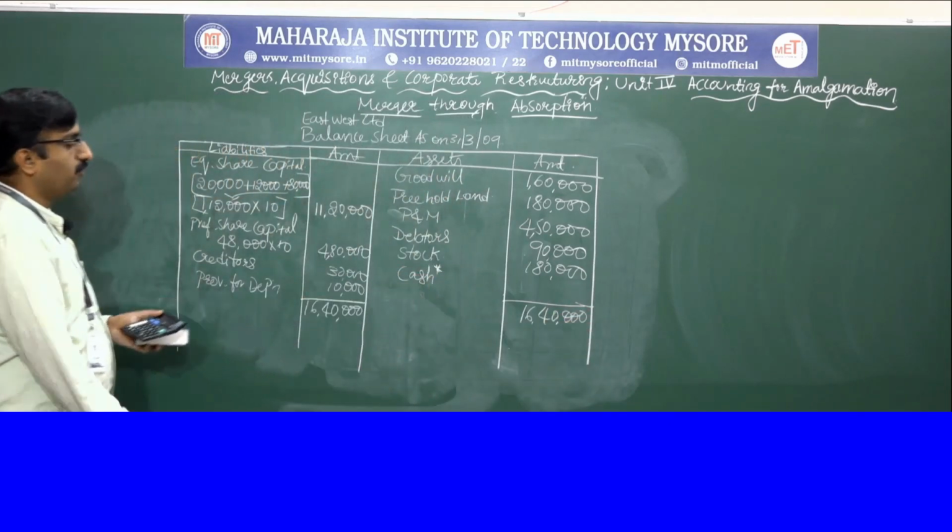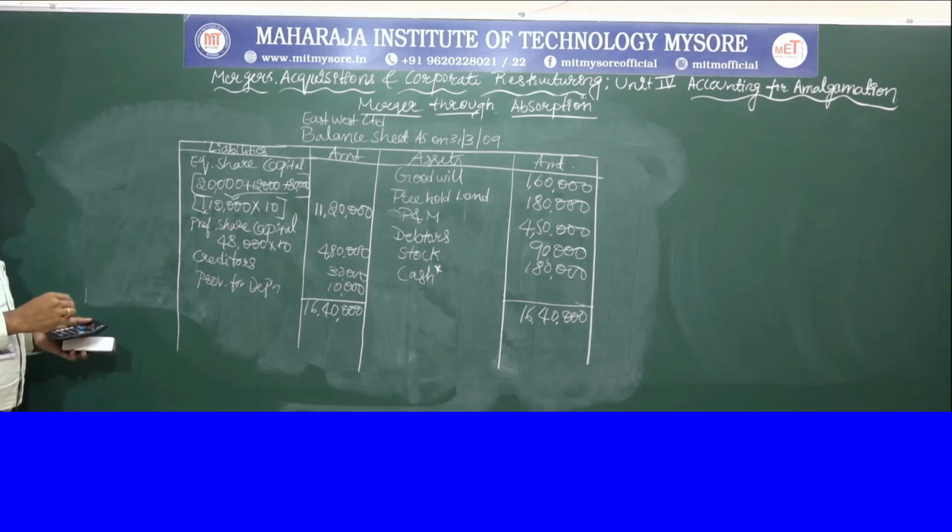Cash, we need to find out the amount of cash here. First calculate the cash balance of East Limited and West Limited, and add these two.